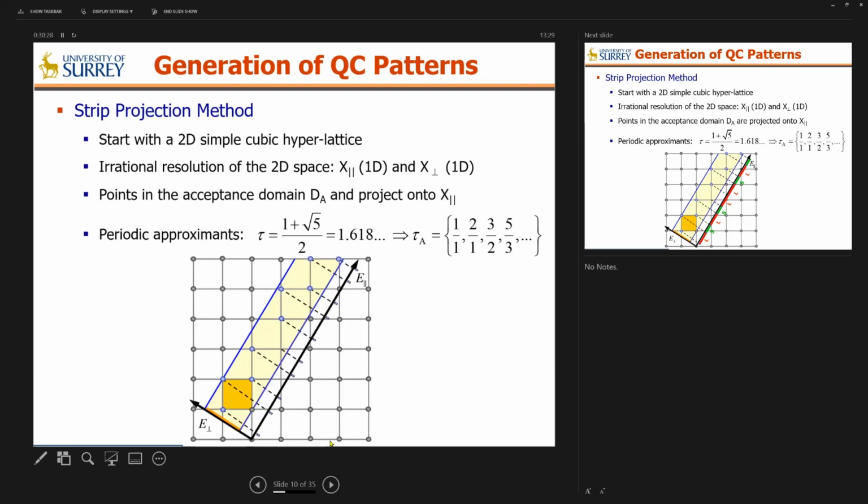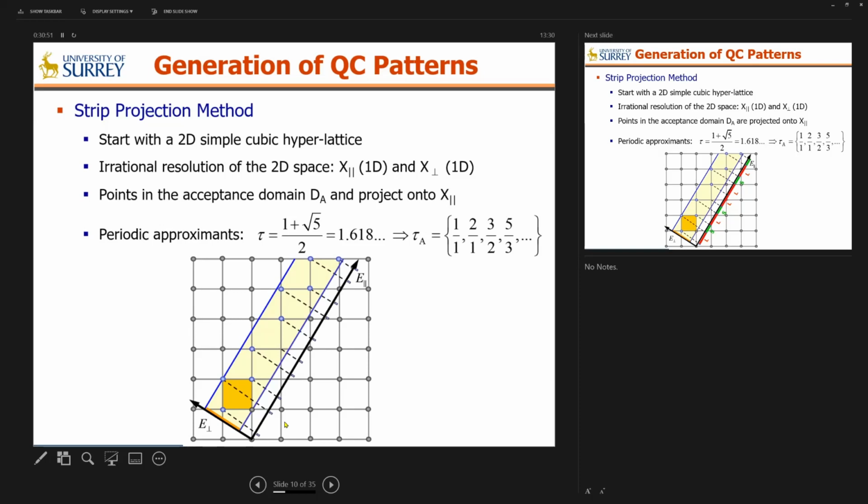If I orient the line in an irrational fashion, it's never going to pass through any point of the lattice. It might become very close to it, but never through the point, which means that the tangent of this line is going to be an irrational number, right?